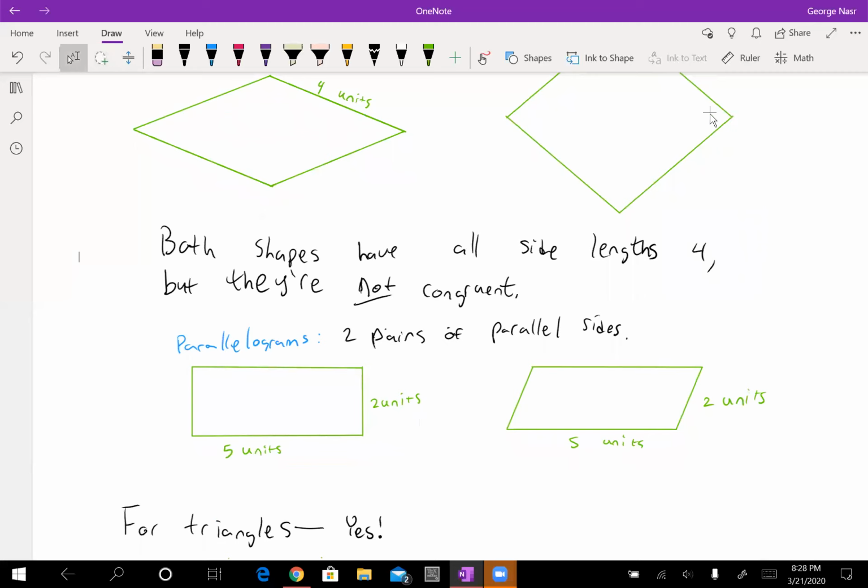This also works for parallelograms. Here are two parallelograms, where remember, parallelograms means you have two pairs of parallel sides. So this parallelogram is also just a rectangle. And in both of these cases, they have the same side lengths, right? They have two sides of length 2, and they also have two sides of length 5.